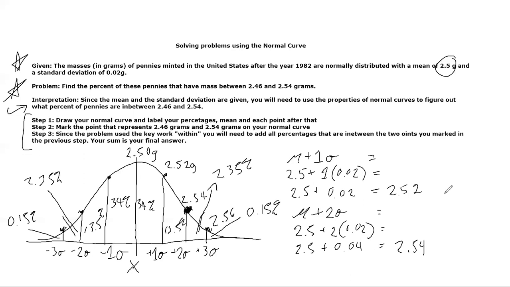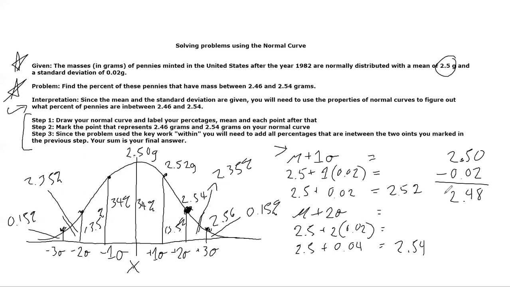Now, let's go on the other side. On the left side of the mean, we're going to end up subtracting. We're going to do the exact same thing that we did here, but instead of adding, we're going to subtract. So instead of adding 0.02 to 2.5, I'm going to subtract it. You can always do this on the calculator, but I'm just going to do it here. This ends up being 2.48.